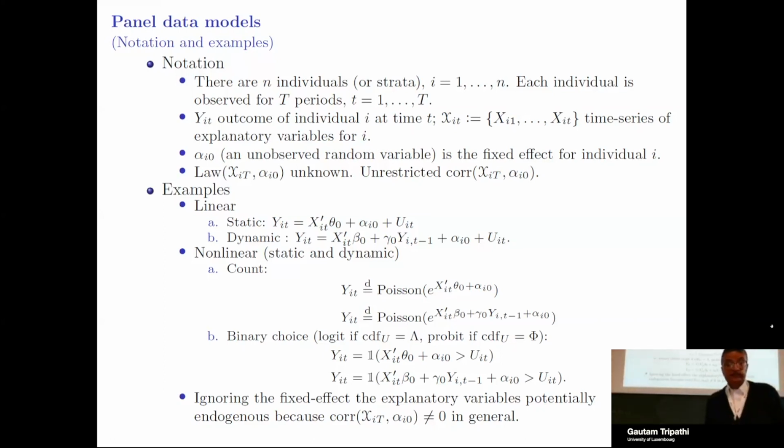And in these models, you cannot simply ignore the presence of the fixed effect, because if you simply ignore the fixed effect, you cannot claim that the correlation between the x's and the fixed effects is 0. You basically end up with regressors that are endogenous, and standard estimation methods break down. So really, these fixed effects, these unobserved explanatory variables, have to be accounted for when you are handling these models.